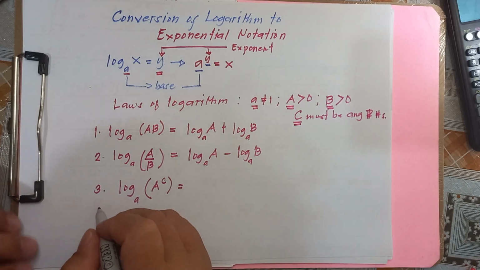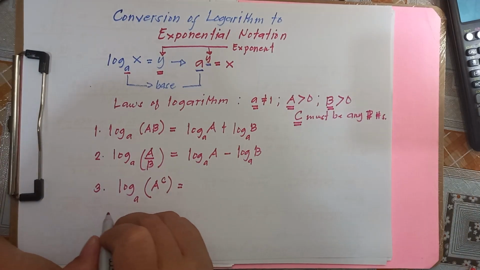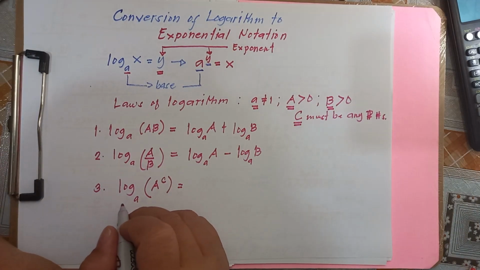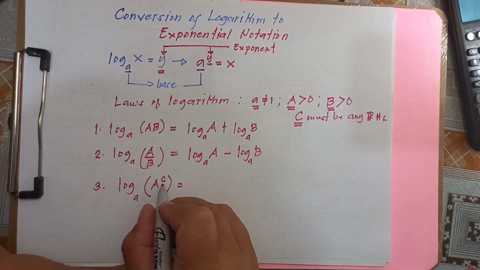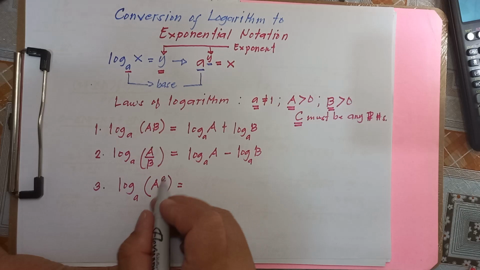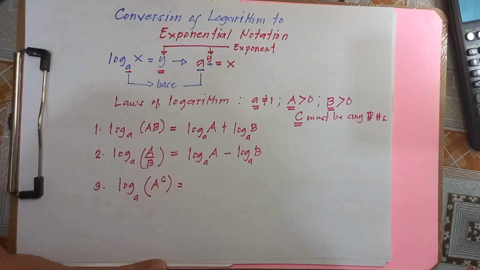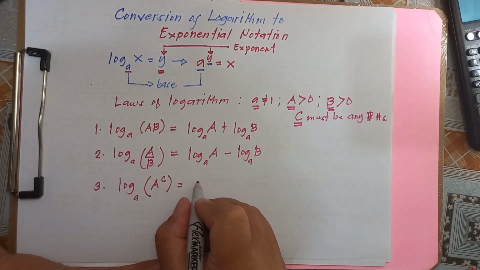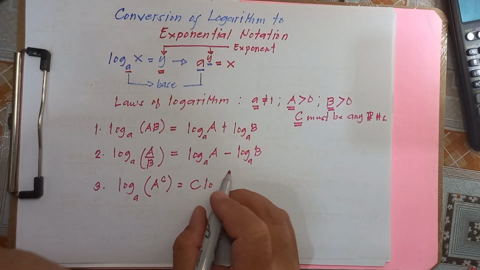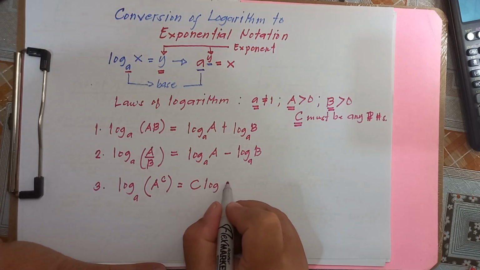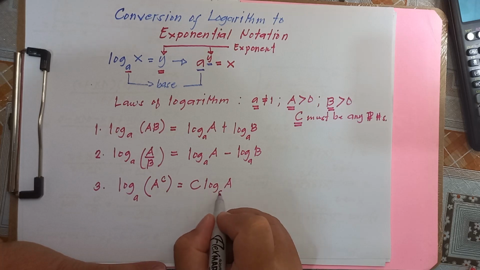Now let's see how to simplify the power of logarithm. The exponent is converted into a factor, which is the same as c times log of A with the base a.